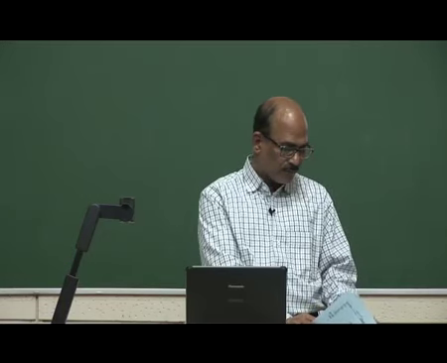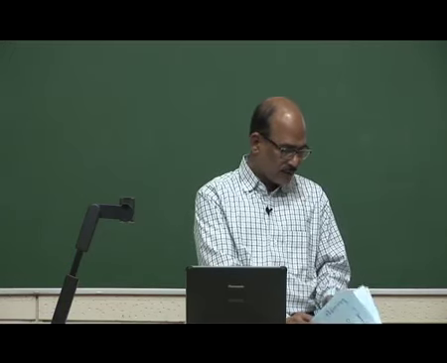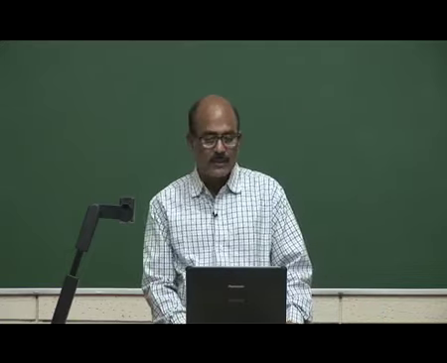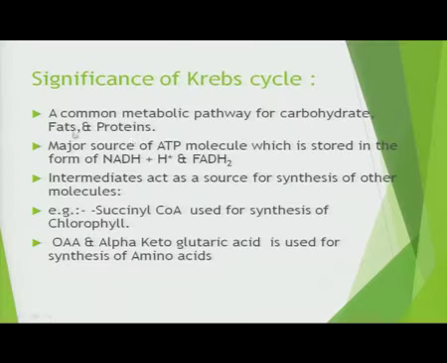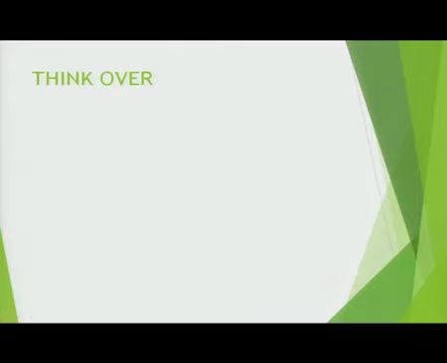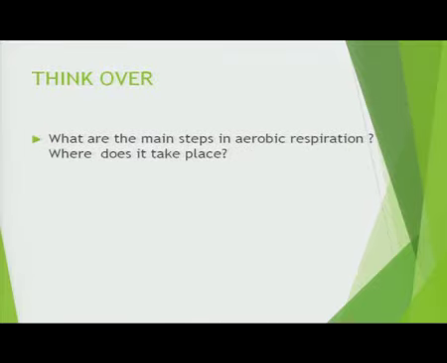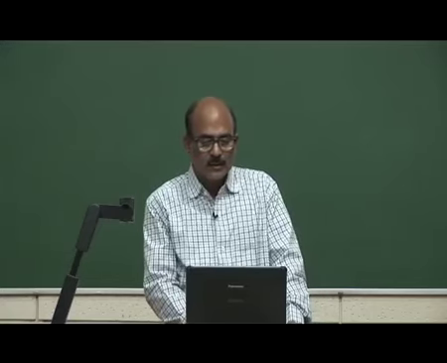So, we can summarize the entire reaction with the help of these things. It is the major step where carbohydrate, fat and protein are involved. Now we can think about these questions. First, what are the main steps of aerobic respiration and where do they take place?